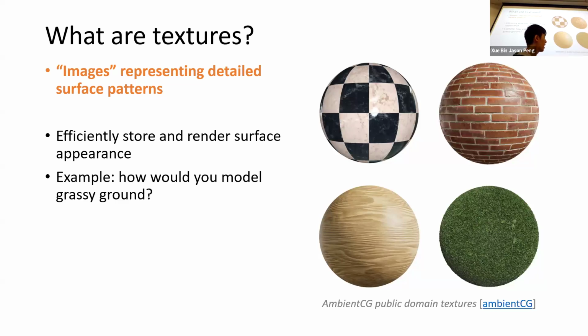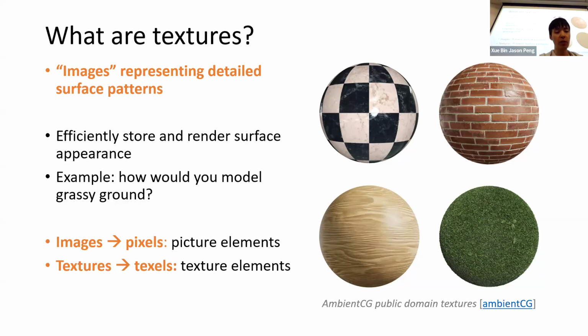So in this case, we can just have the same simple spherical mesh for all of these different spheres, and we just have to apply a different image, a different texture on each of the spheres in order to make it look like these objects are made with different materials. So this then allows us to represent fairly complex surface details very efficiently using an image instead of having to resort to using a very complex mesh.